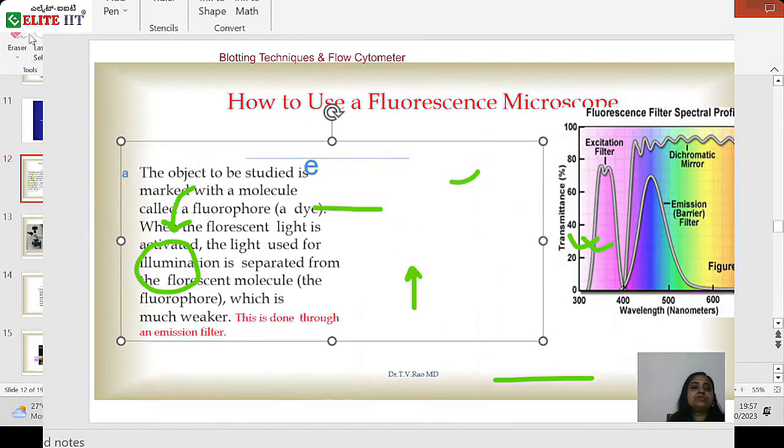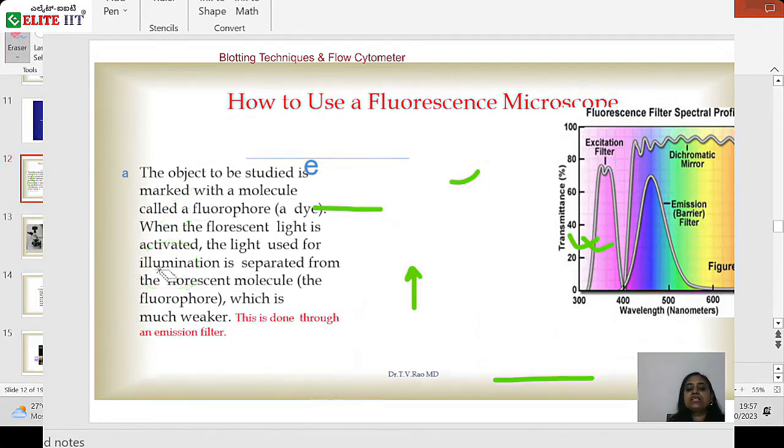So this basic principle you just understand. One wavelength will be for the excitation light and another wavelength will be for the emission light, and the emission light wavelength is higher than the excitation light wavelength. In this way we generally detect the emission light.